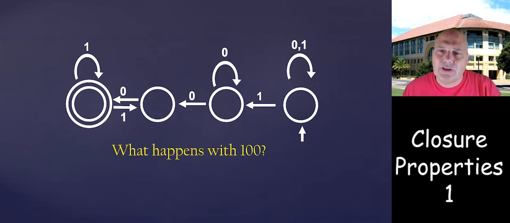But now the question is what happens when we compute on the string 1, 0, 0. We can do various things. We can take 1, 0, 0 and get to accept. And this is an outcome that we actually want, because 0, 0, 1 is accepted by the original DFA.